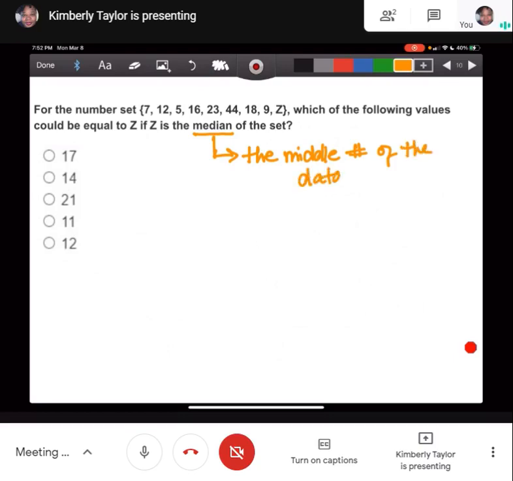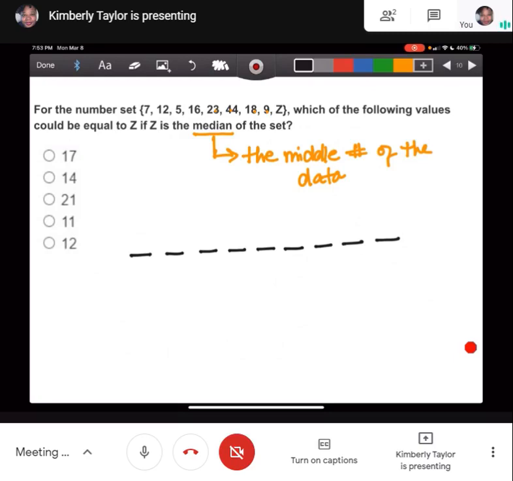So what we need to do is put these numbers in order from least to greatest. How many numbers do I have? 1, 2, 3, 4, 5, 6, 7, 8, and with Z it makes 9. So let's make 9 spaces. The reason I make these spaces is to show you where the middle number is going to be.